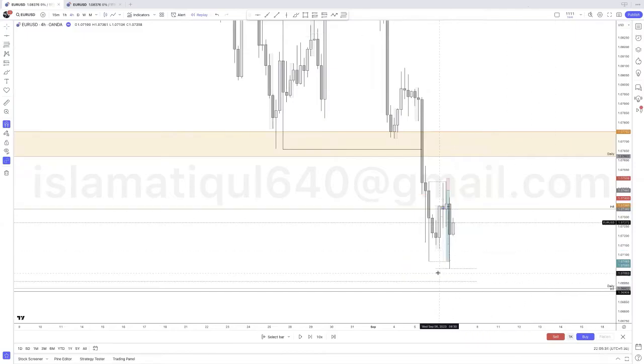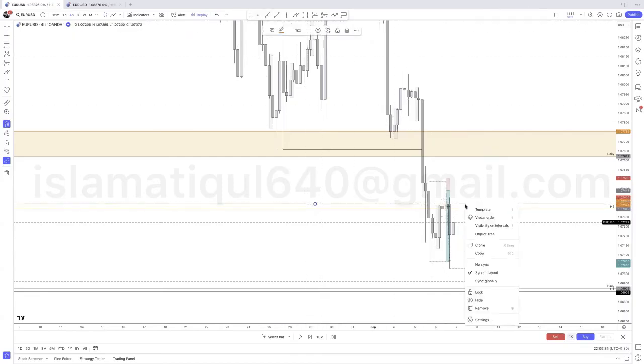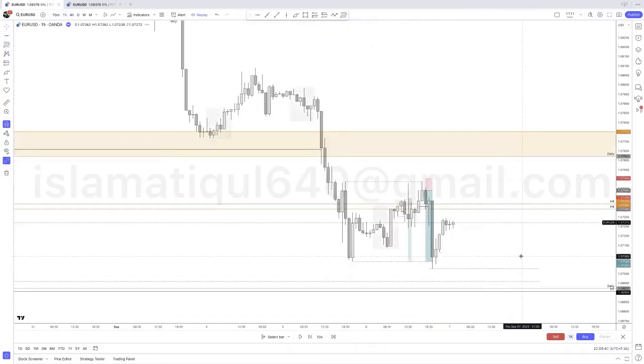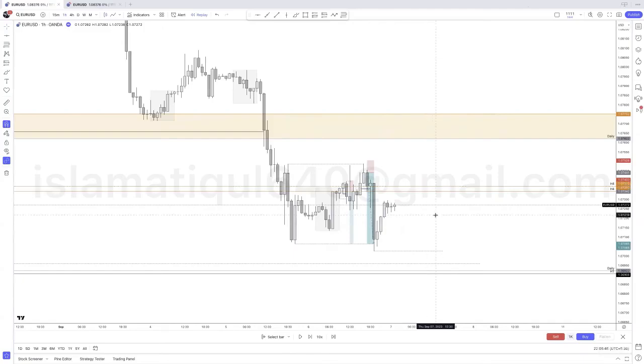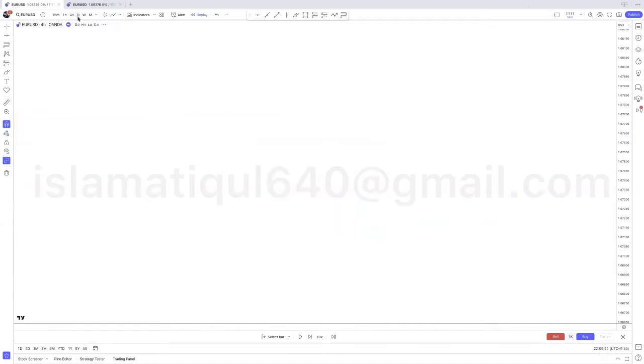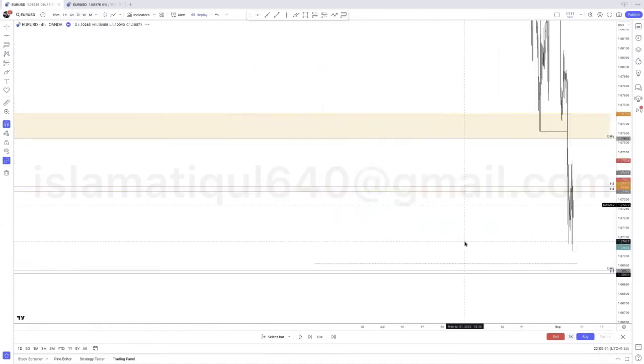On H4, above that we also have a resistance right here, so maybe this entire zone. Why did I choose the H4 level? Because these zones are also lining up with the daily zones.